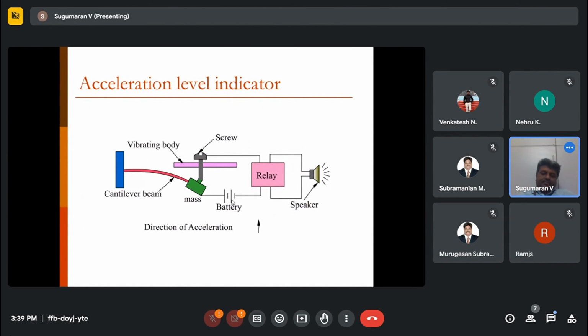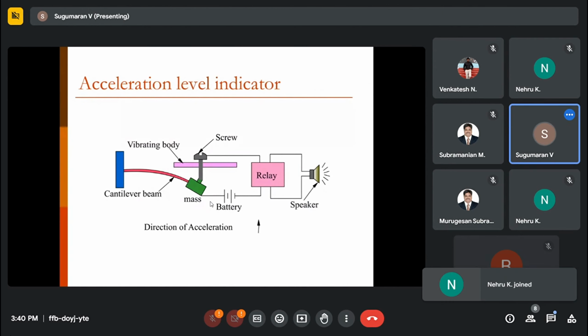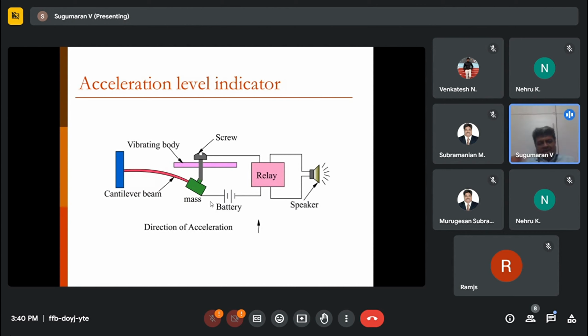And later on, people had acceleration level indicators. Mostly if you go to companies, they don't want to measure vibration in so many meters per second square. They are not interested. They have some machine. When something goes wrong in the machine, vibration level increases.